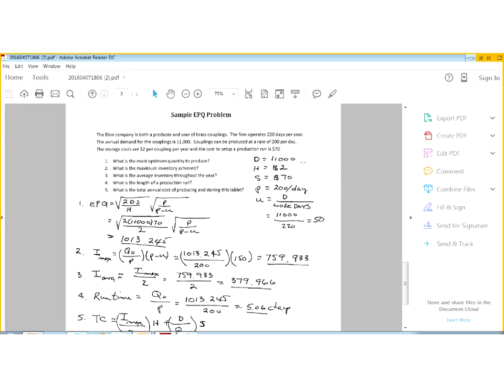So I've written the formula for it. Remember, you have to write the correct formula in order to get credit for it. There are two square roots here, so this presents the opportunity for making some mistakes. One way I would suggest you solve this is to key into your calculator the numbers for the first factor, the 2DS over H. Take the square root of that number, hit the square root key.